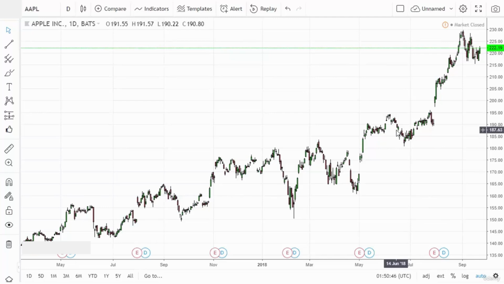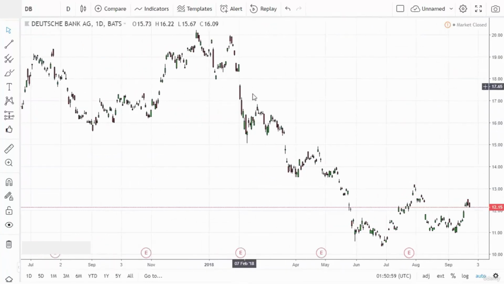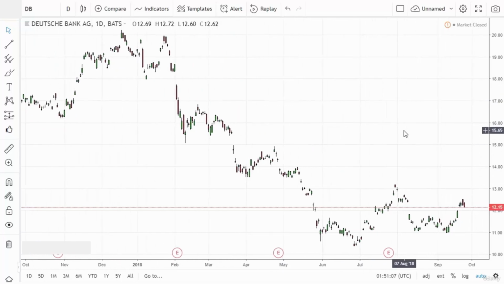In other words, is the market gradually going up like we see here on the Apple daily chart, or is it gradually going down like we see here on the Deutsche Bank chart? You can see clearly over the course of the entirety of 2018 so far, the market has certainly been selling Deutsche Bank. So that in and of itself gives you the overall bias.